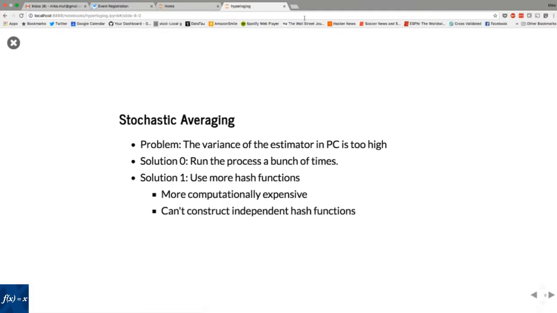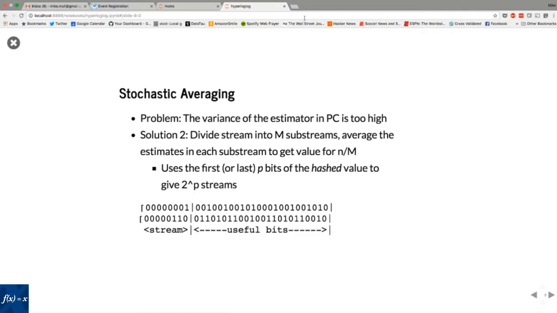So the next solution is, instead of doing multiple hash functions, they would take a certain number of bits of the hash and use that as what they would call a stream. In my little picture down at the bottom, I'm using the first, I think, 8 bits of the hash to indicate the stream. They call this the index in various places as well.